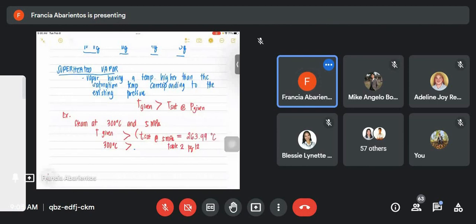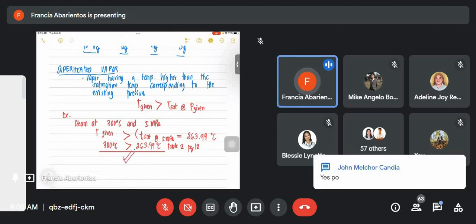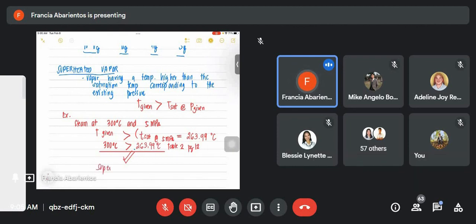So, is 300 degrees Celsius greater than 263.99? Yes po. So, this is a yes. So, automatically, nagpo-fall siya sa superheated vapor. Ngayon, class. Okay? So, nagpo-fall po siya sa superheated vapor.